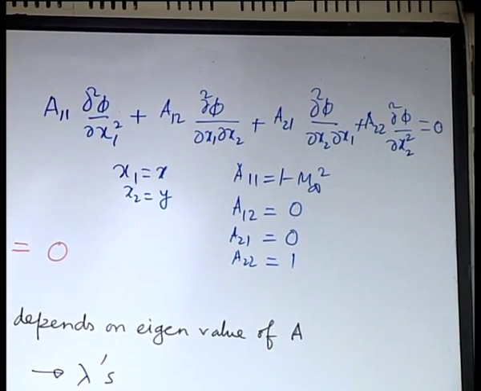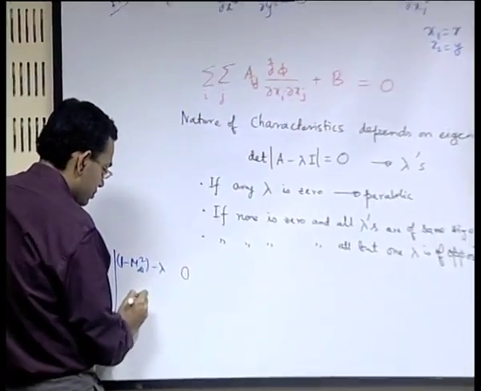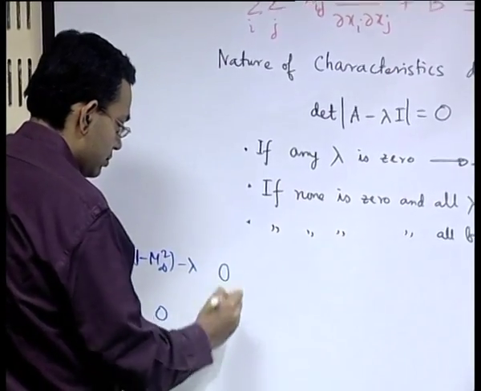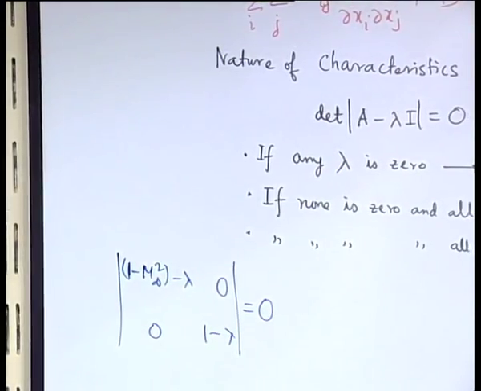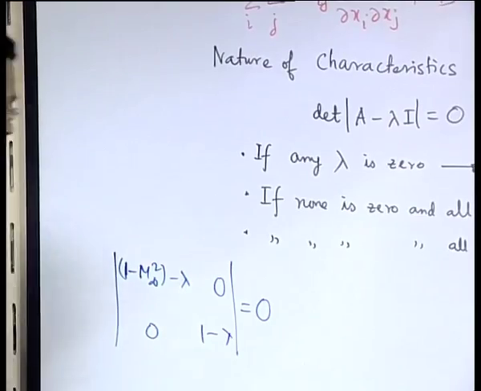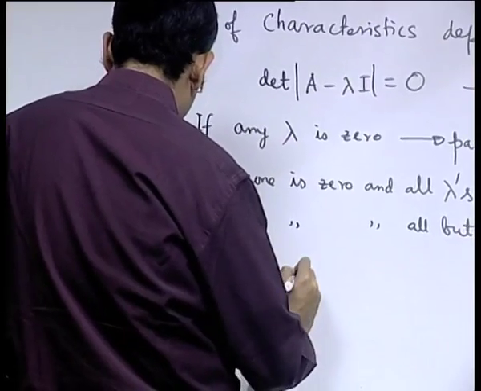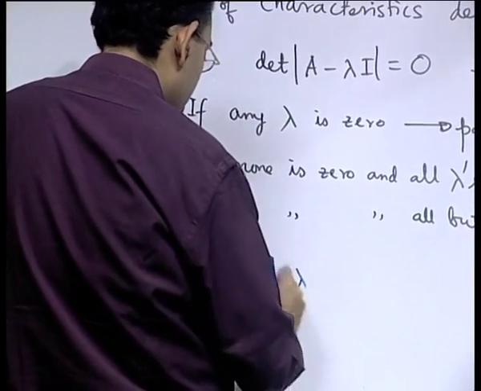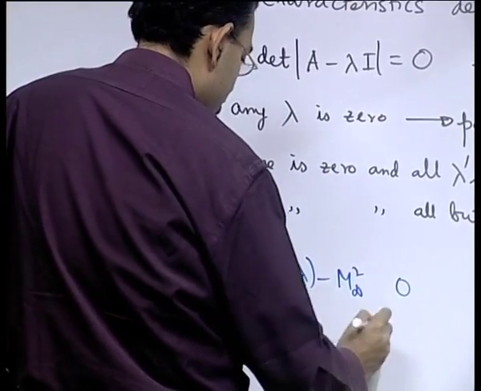With this understanding we will try to find the eigenvalues of A. So it will be 1 minus M infinity square minus lambda, and this is the characteristic equation. So this is basically the determinant of 1 minus M infinity square minus lambda, 0, 0, 1 minus lambda.